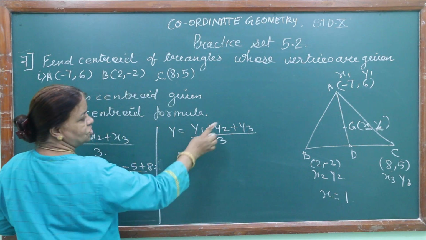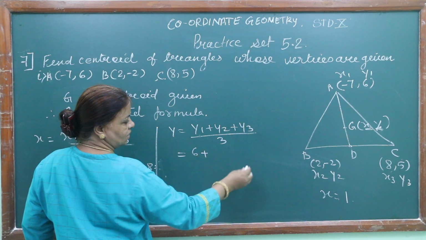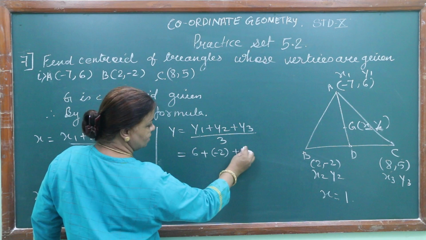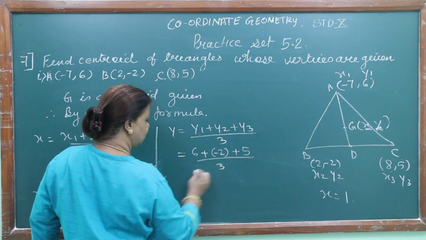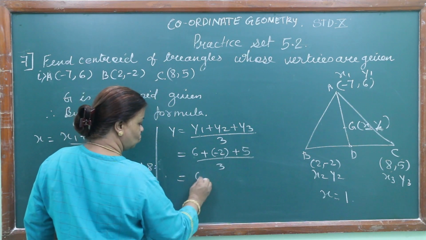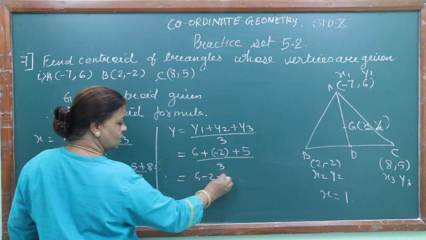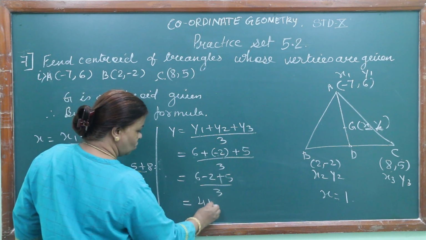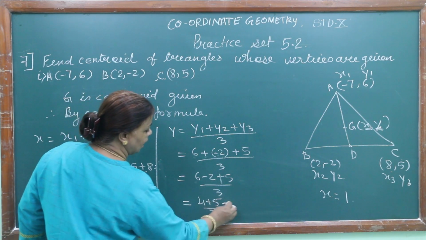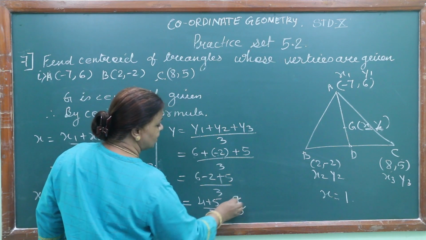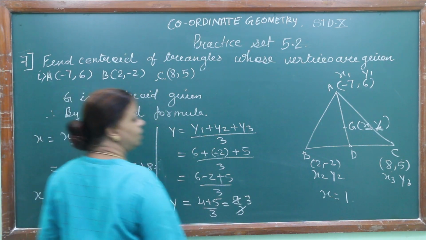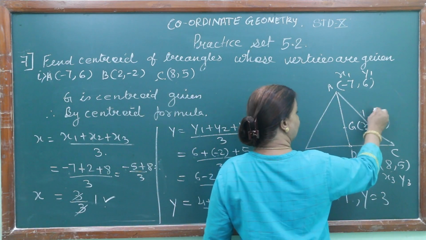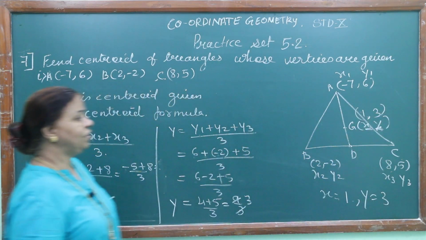And y1 is how much? 6 plus minus 2 plus y3 is 5 upon 3. 6 minus 2 is 4. 4 plus 5 upon 3 is 9 upon 3. 3 3s are 9. So the y coordinate will be 3. And we got y is equal to 3. So the centroid we got is (1, 3). You can pause the video and solve the sum.